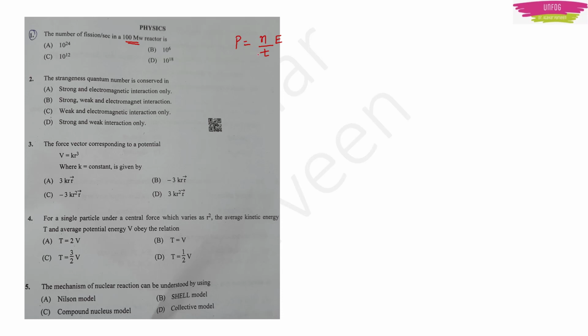Actually, some more information is needed here. That is energy. That energy is 200 million electron volt. Actually, they should have mentioned this also in this question. 200 million electron volt. This is actually for uranium.